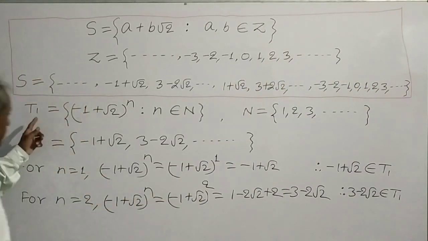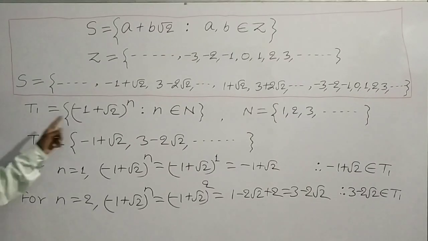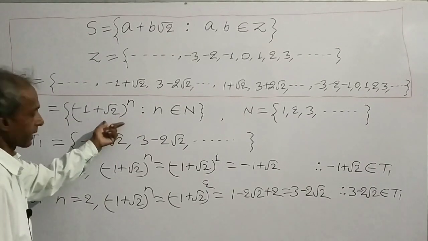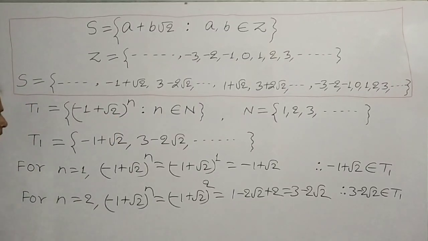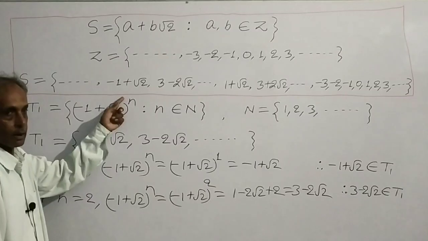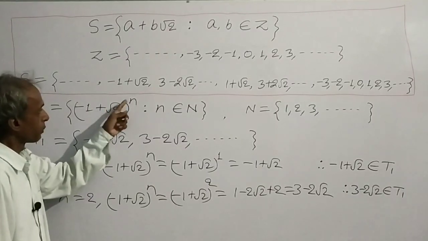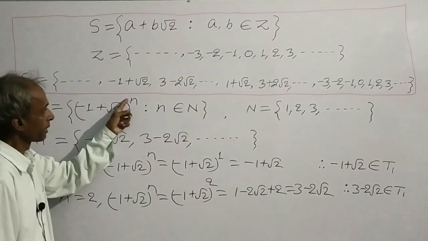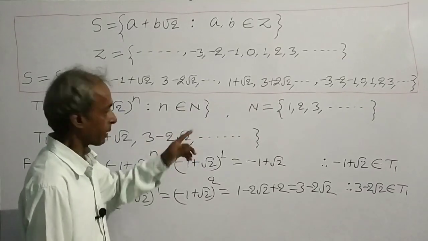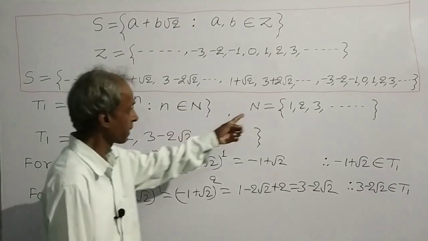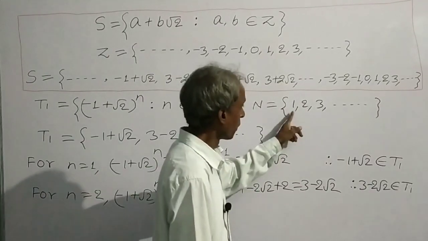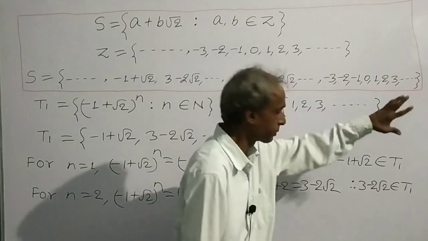Now in the question, one more set T1 is given. In this set, this type of number is present, where in place of n we have to write a natural number. Set of natural numbers means the set of numbers 1, 2, 3 in this way.